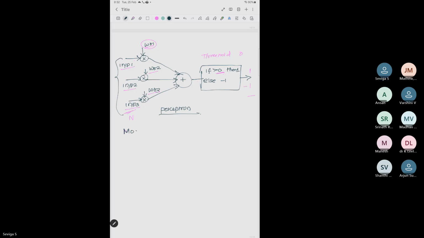Now we have the modern artificial neuron. The modern artificial neuron has two changes, one at the input and the other at the output. At the input, we have another term called bias.